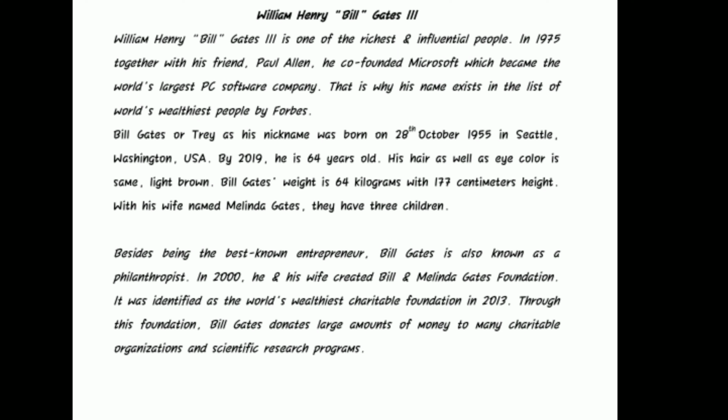It is an important text that you need to read carefully, because in the exercise next you will answer some questions. All of the answers are contained in this paragraph. This text is about William Henry Bill Gates, and you can find out more about him on Google.